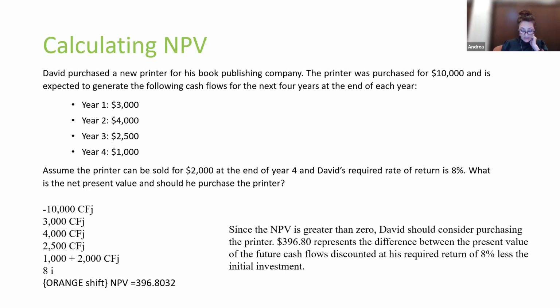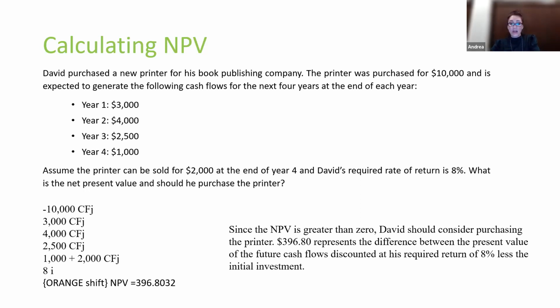It's on the second row, second button from the right. In white it says PRC, and in orange it says NPV. So you hit your orange shift button, NPV, and your calculator should be displaying 396.8032.